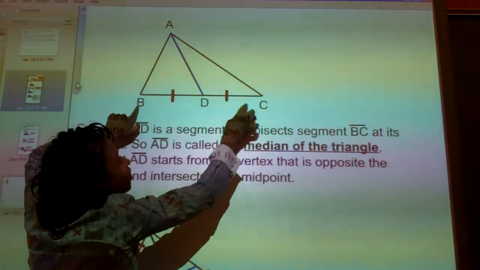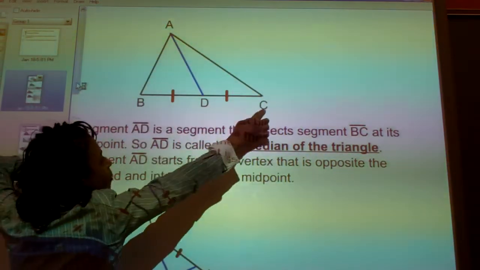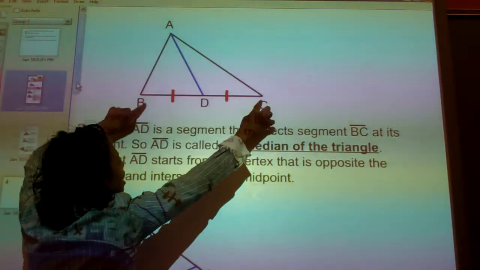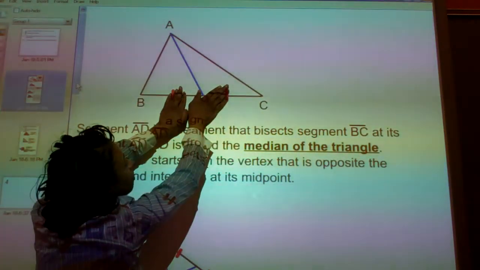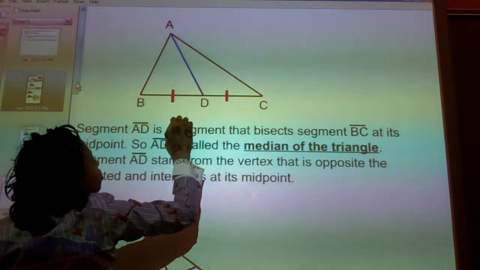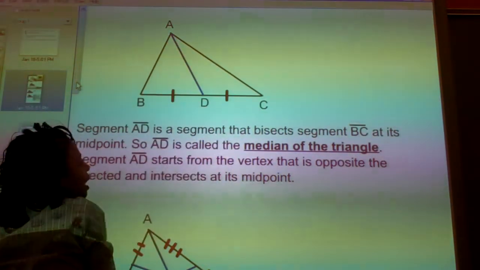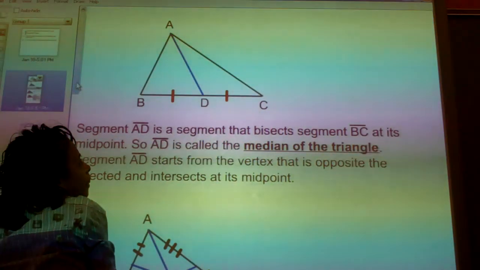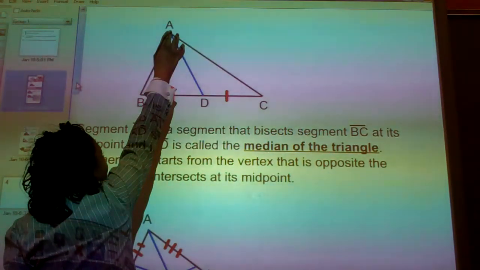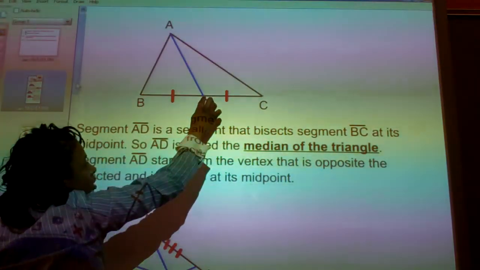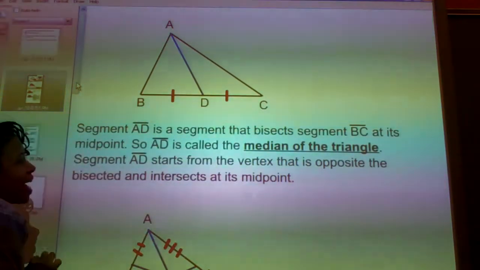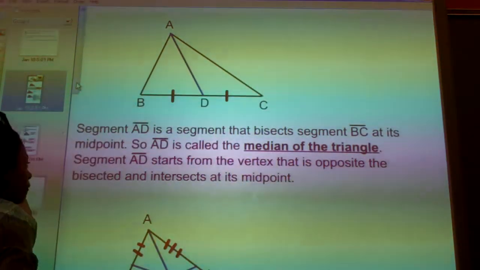The angle opposite to segment BC is angle A. Therefore, segment AD is constructed from the vertex A and drawn to the midpoint of segment BC. That makes it a median of a triangle.